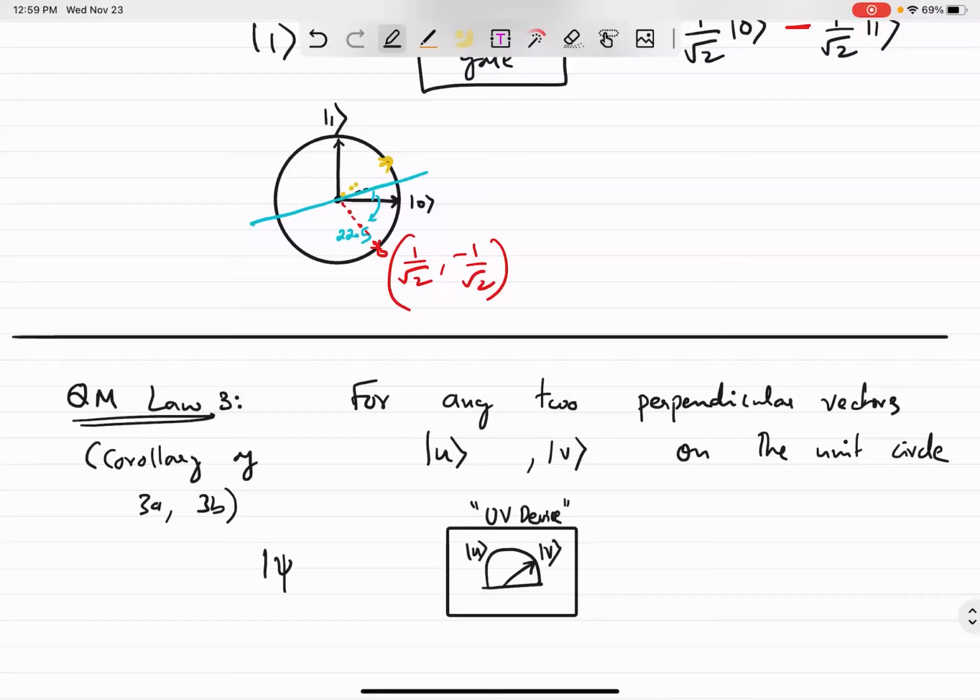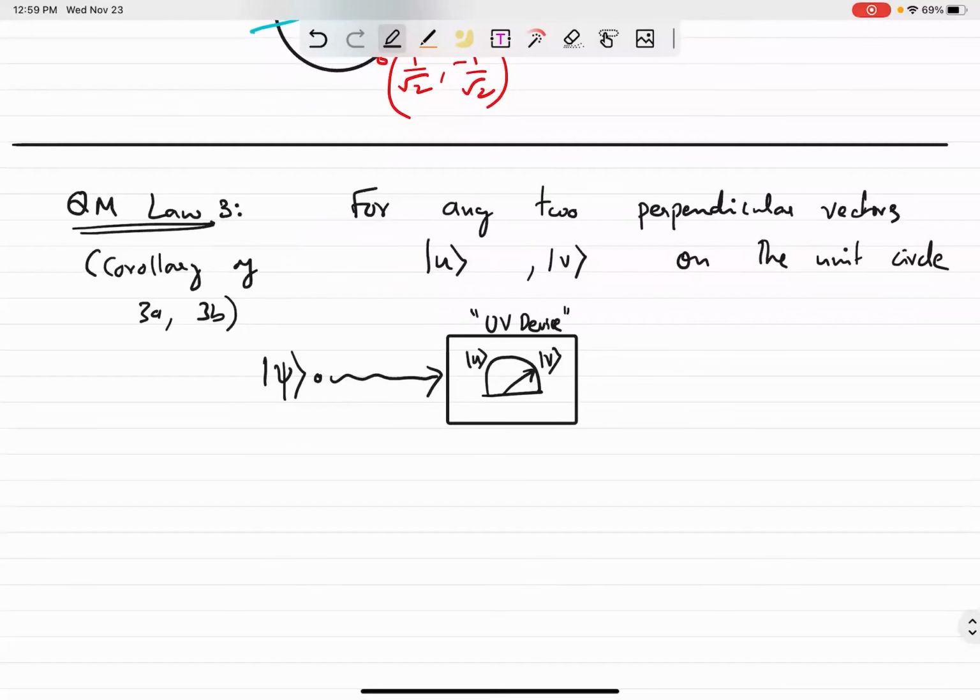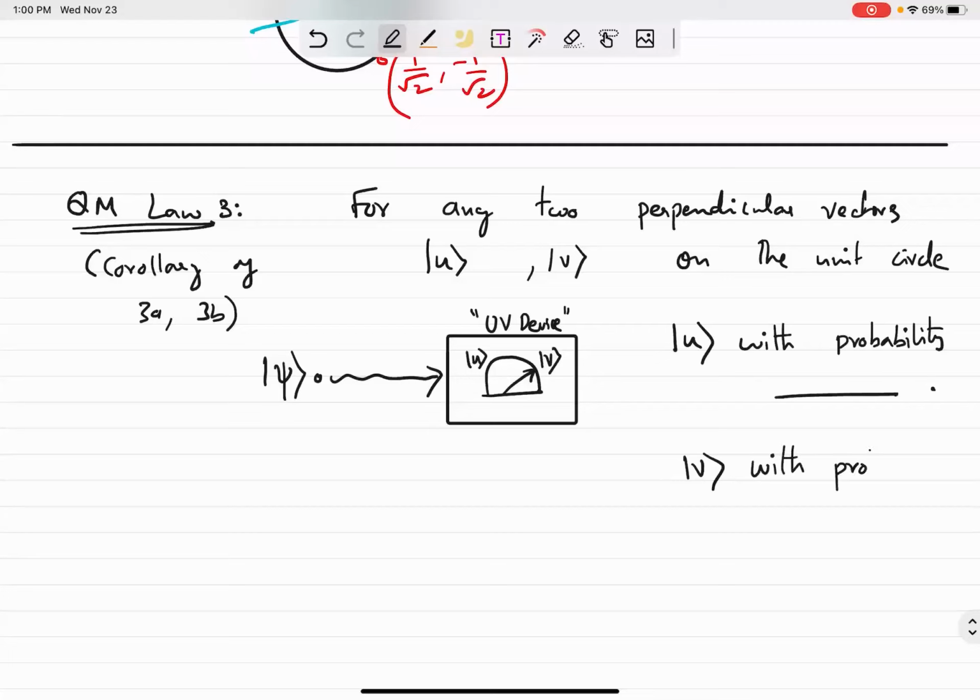such that if I pass a photon through it, then what you get out will be in the state U with probability something and V with probability something. Okay, so the best way to think of this something is geometrically, right?